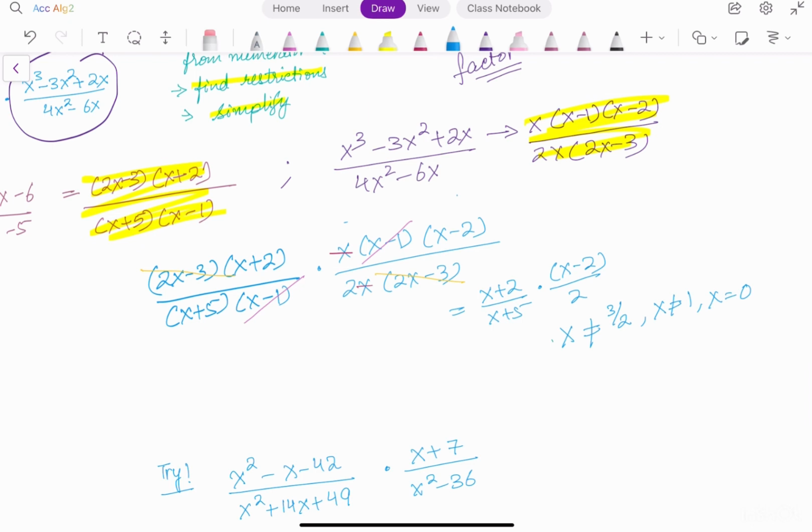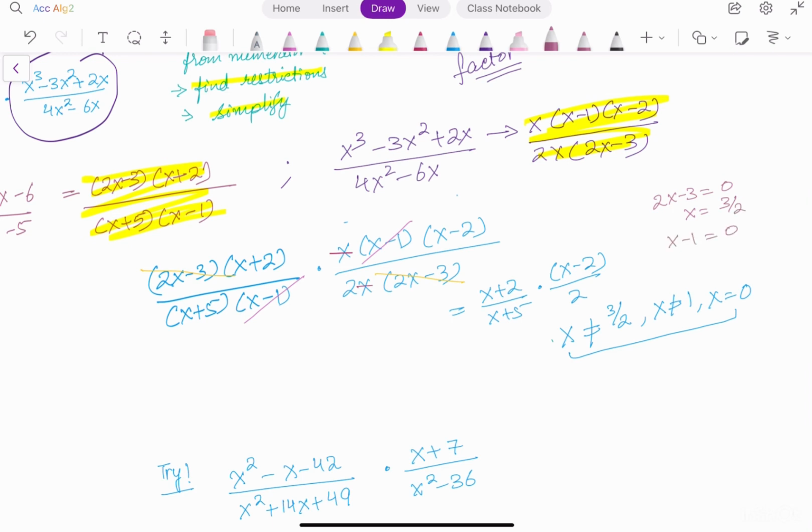Because whatever we have cancelled out, if you put them equal to 0, for example, if I put 2x minus 3 is equal to 0, you will get the x value as 3/2. And because the x value is 3/2 at that point, I cannot have x as 3/2.